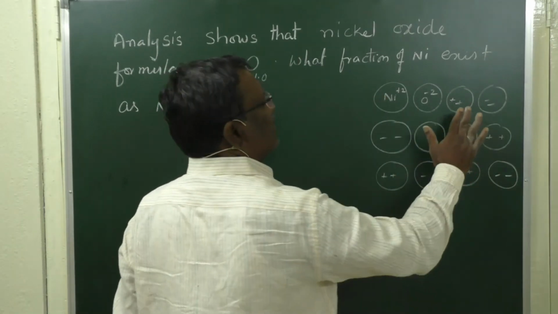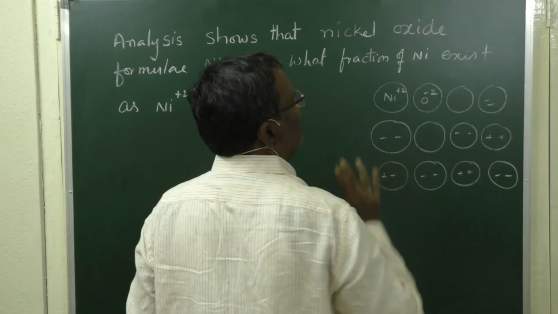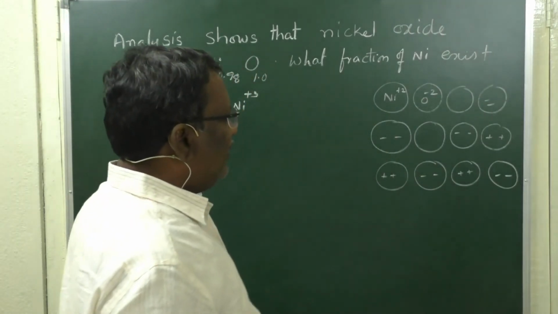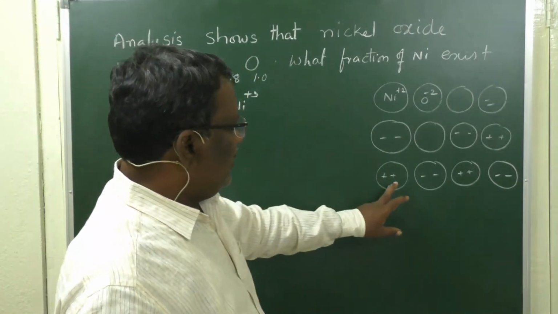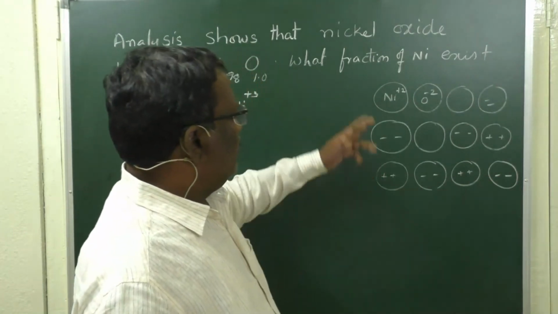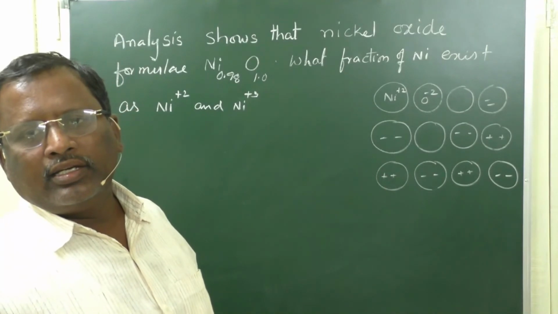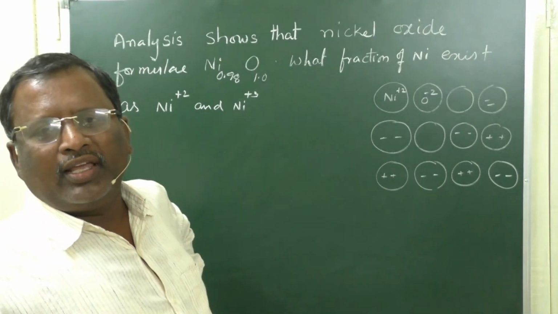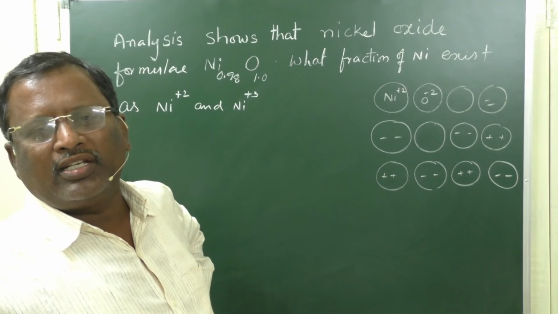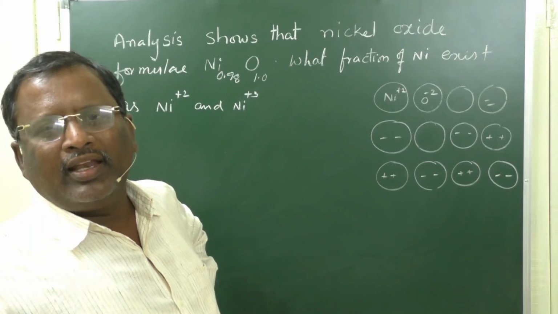When some nickels disappear, what happens? Previously, 4 into 3, 12 ions: 6 oxide ions and 6 dipositive nickel ions were present. That means total positive charge is equal to total negative charge.